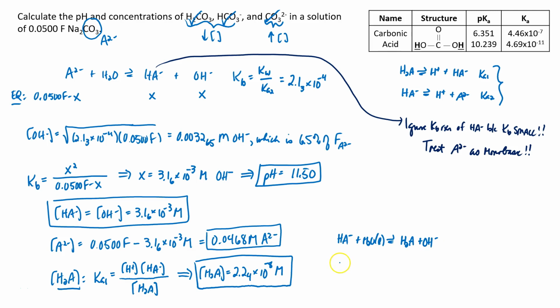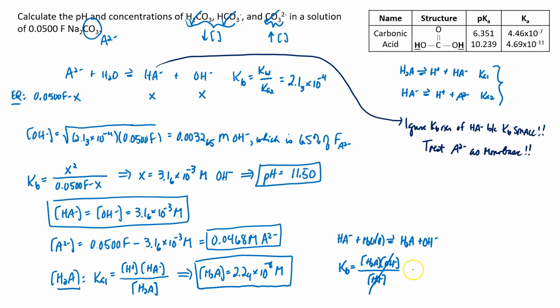And I would say that Kb is equal to H2A, which is what I want, times OH-, which I already know, over HA-, which not only do I already know it, but HA- and OH- are equal, you remember, and they cancel.